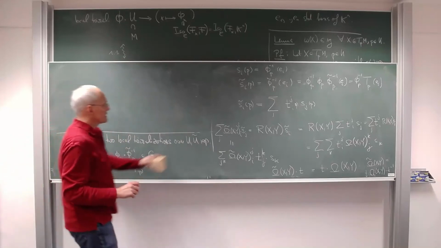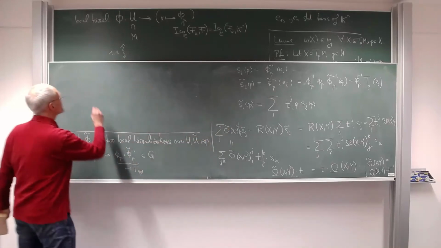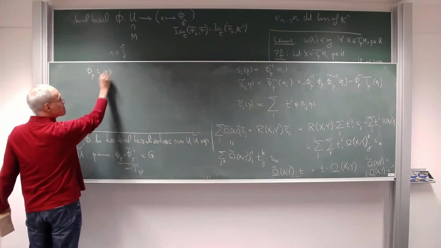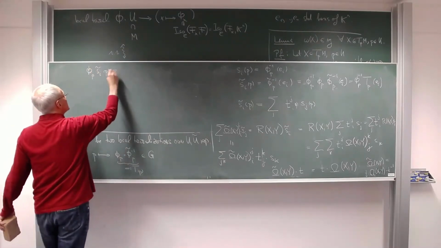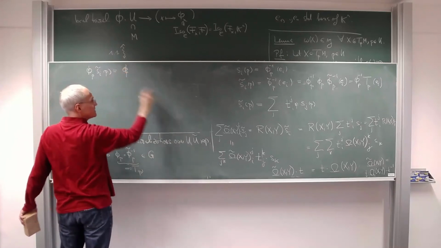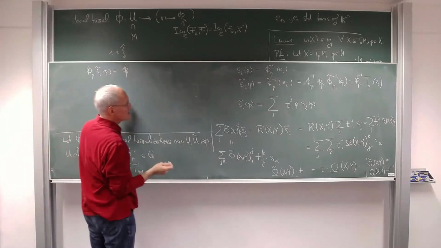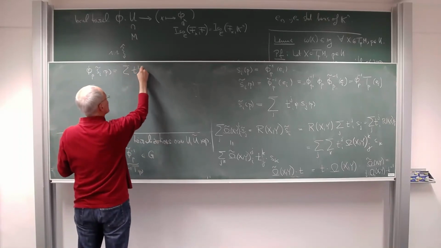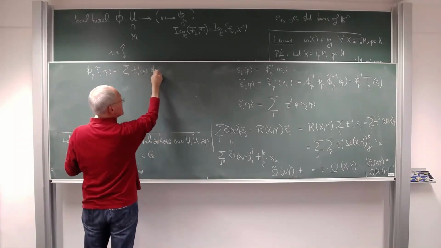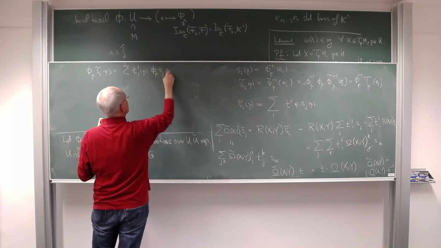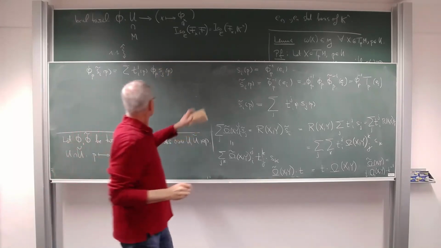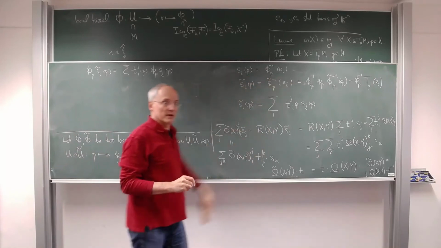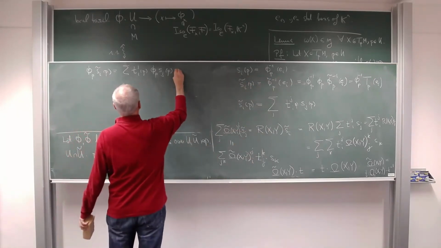So if I apply capital phi P to this tilde, then this is phi P to the sum, and phi P is linear, so I can write this as the sum of phi P of s_j of P. And this is then what I get when I apply phi P to this, simply this one, right? That's what you suggest.